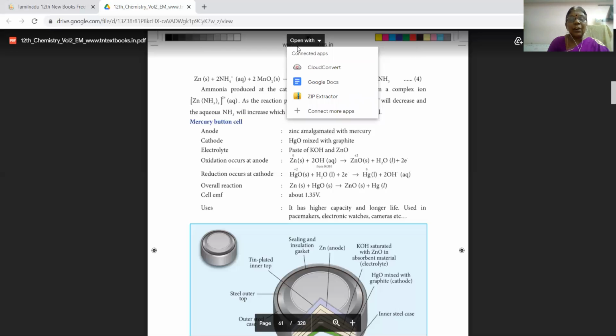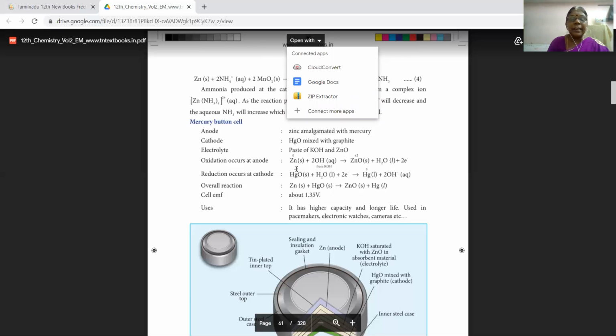Oxidation occurs at the anode, that is Zn(s) plus 2 OH minus in aqueous gives ZnO plus H2O plus 2 electrons. Reduction takes place at the cathode, that is HgO plus H2O liquid plus 2 electrons gives Hg plus 2 OH minus in aqueous solution.